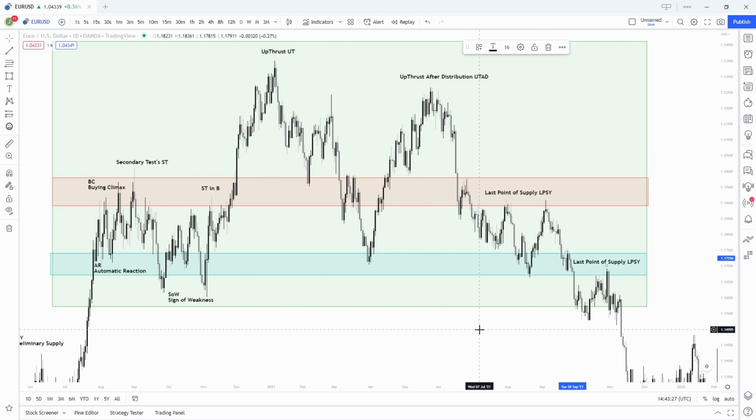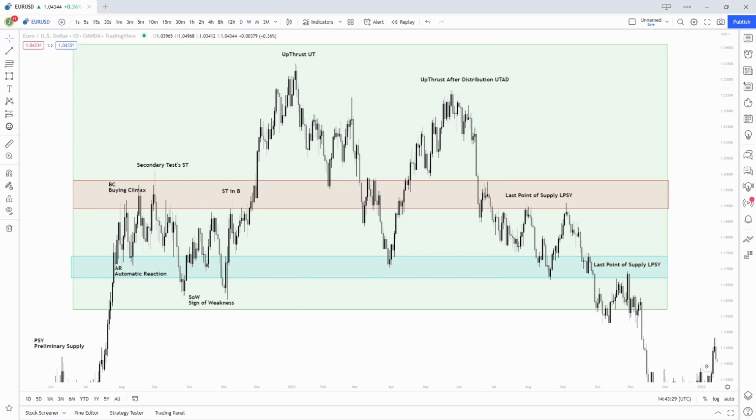Now let's go through the phases, and we use a pretty similar parameter in identifying the phases within a distribution. So phase A represents everything to the left of the very first secondary test that is created. So that would pretty much go, I would say, from this region.